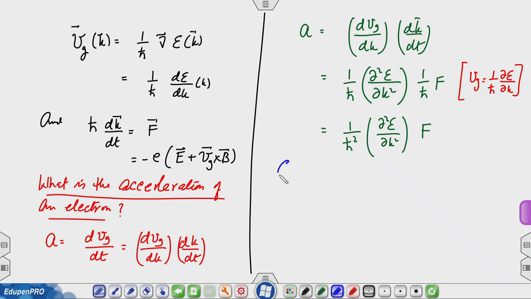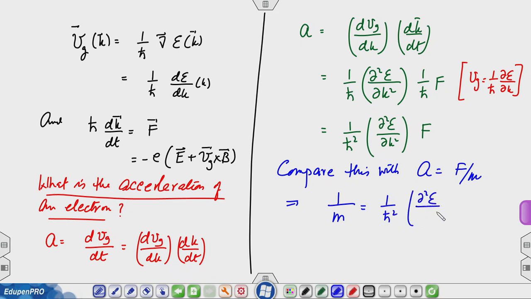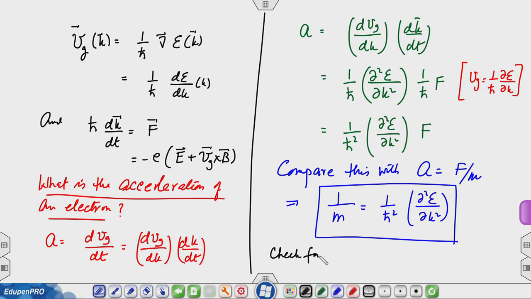Compare this with a equals F over m, and this tells you that 1 over m is nothing but 1 over h cross square d2E by dk square. Let us check for free electrons, where E is h cross square k square over 2m, and this checks.